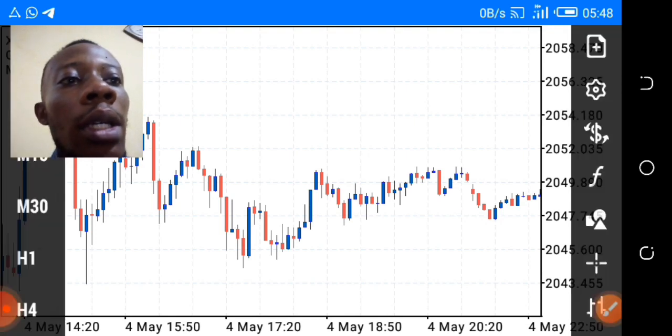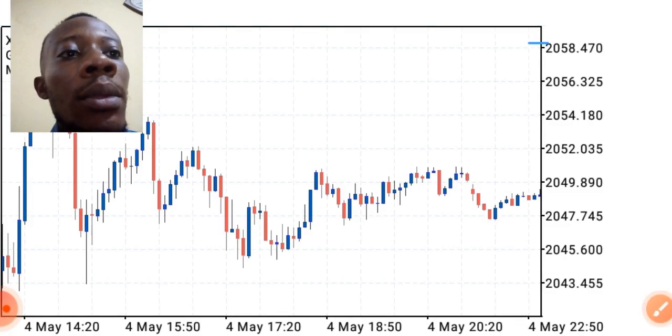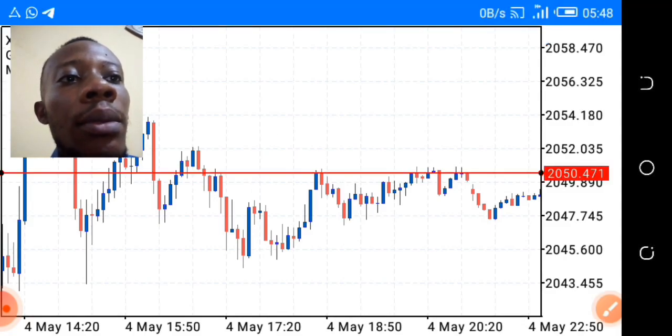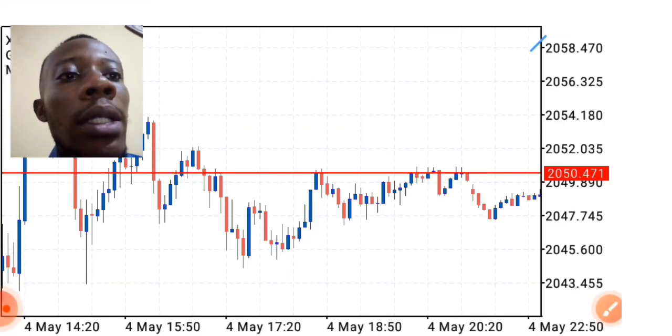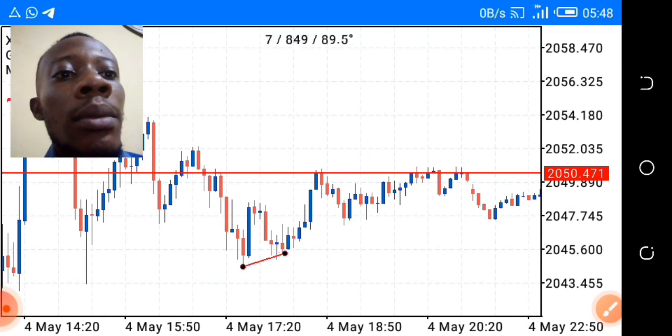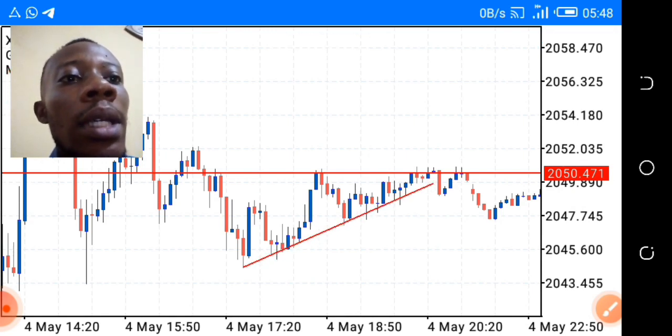So over here, I'm going to draw a horizontal line above here, right here. And then I'm going to draw another line here. So what you can see here is that there is this ascending trend, right?